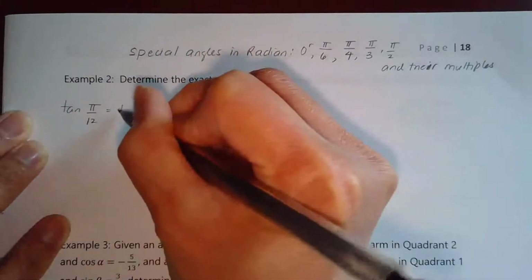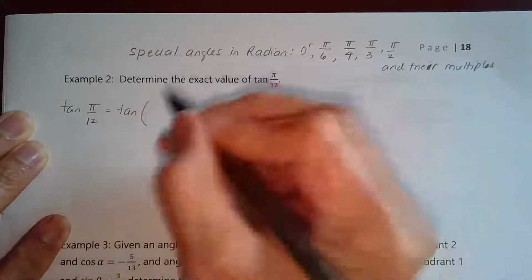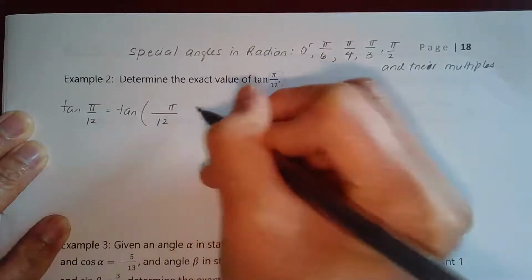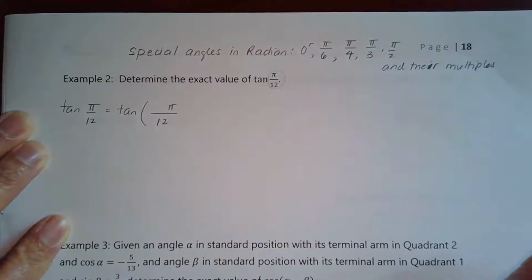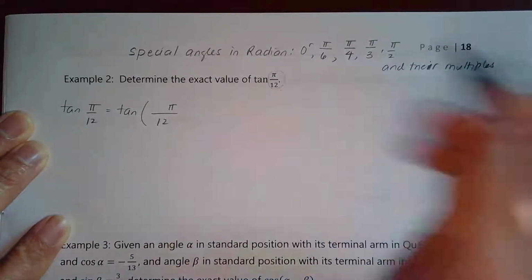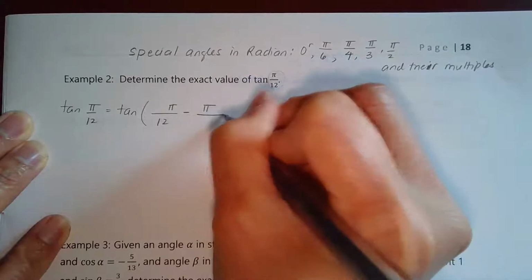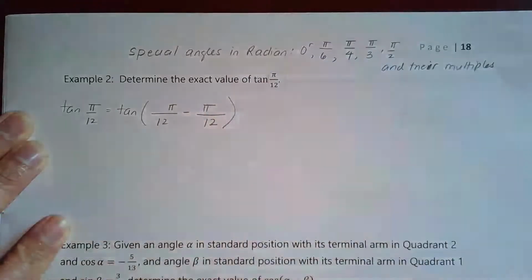Well, let's see. Tan of something. Okay, so what we could do is think, well, if it's on pi by 12, this is 1 pi by 12.